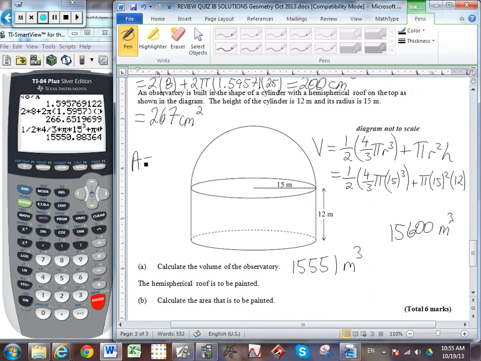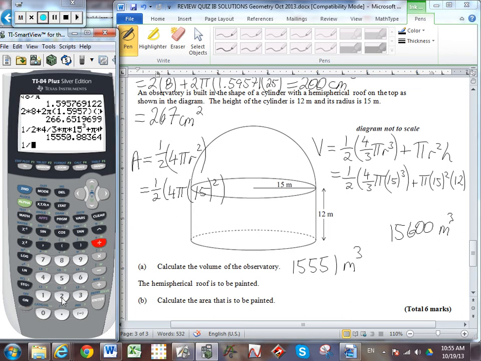We know that the area of a full sphere is 4 pi r squared, so the area of half a sphere must be only half of the full sphere's area. So let's substitute. 1/2 4 pi, our radius we know is 15, so we've got 1/2 times pi, times 4, it doesn't matter the order in which I multiply them, does it?